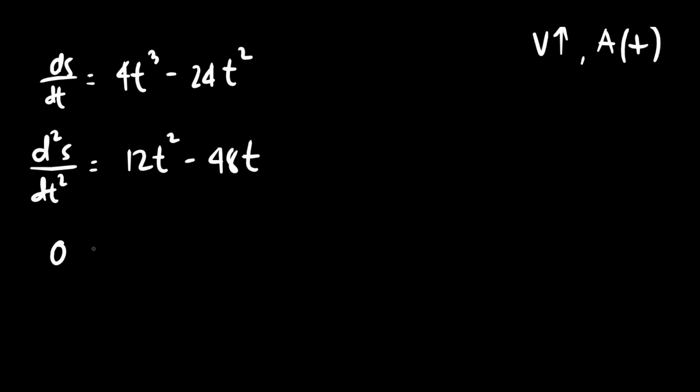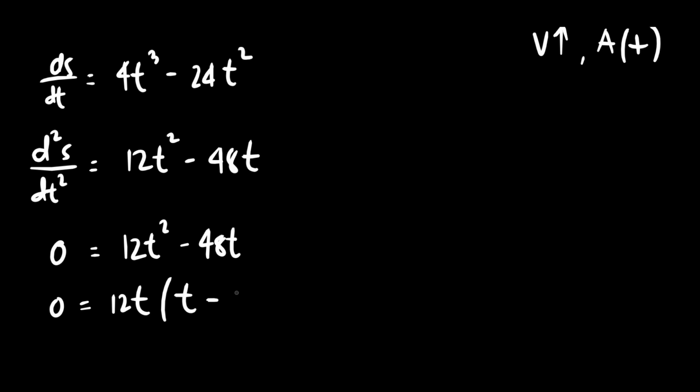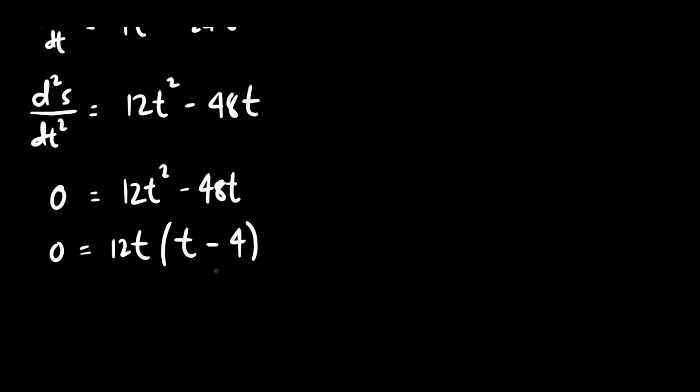We factor out 12t, so we have t minus, 48 divided by 12 is just 4. Equating both factors to 0, t is equal to 0 and t is equal to 4.